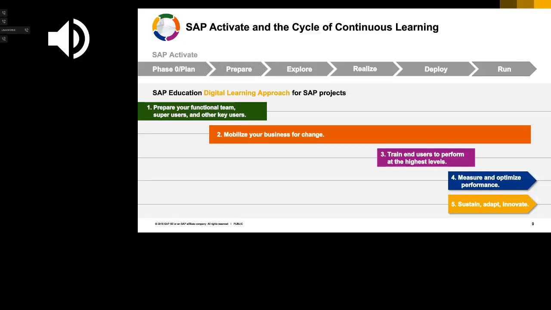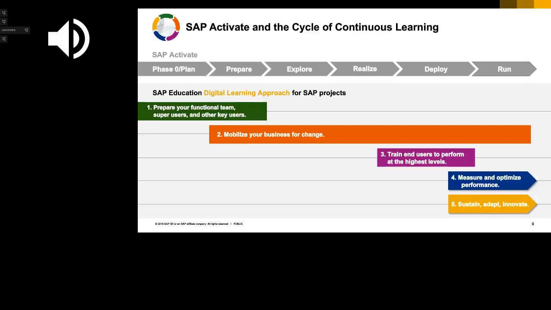These are solutions that come from SAP Education. Organizational change management, SAP Enable Now for your end user training, measuring and optimizing performance and the services that go along with that, with user experience management by NOAA.